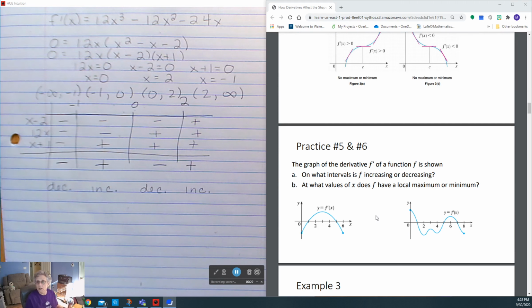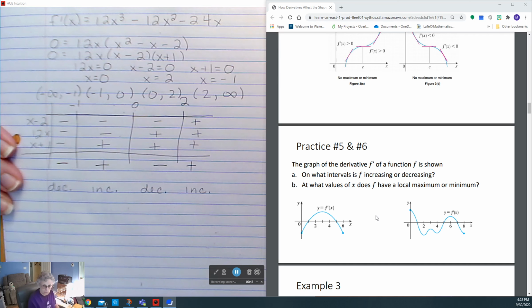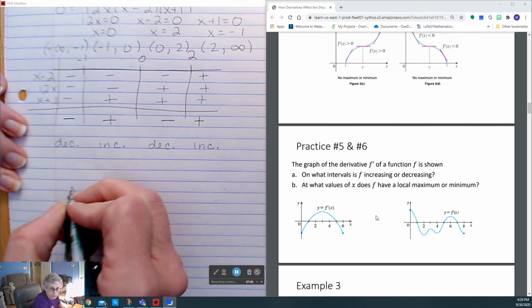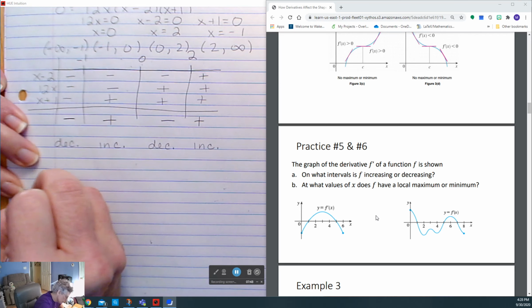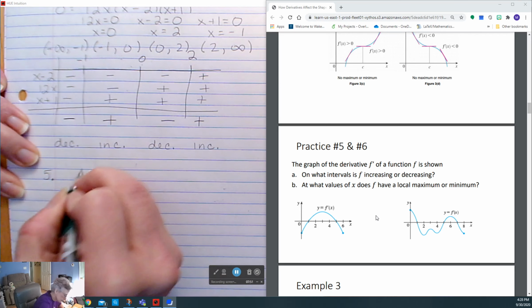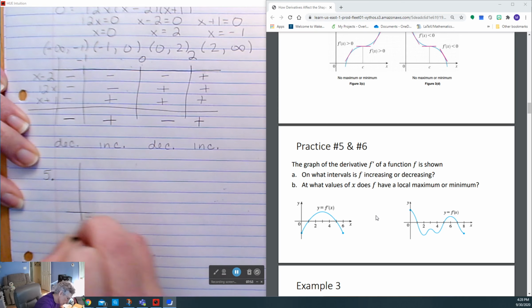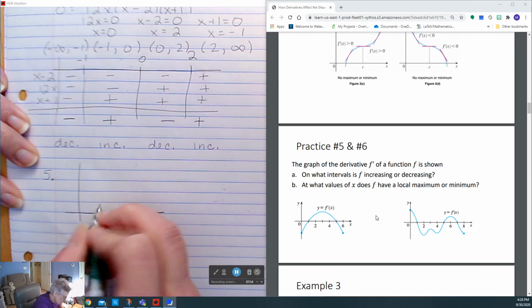Now let's look at a couple of pictures here. On the graph of the derivative of a function, so we have f prime of x. We want to look at this and see where our original function is increasing or decreasing. So I'm going to go ahead and draw a little sketch of that one for number 5 because it's easy.